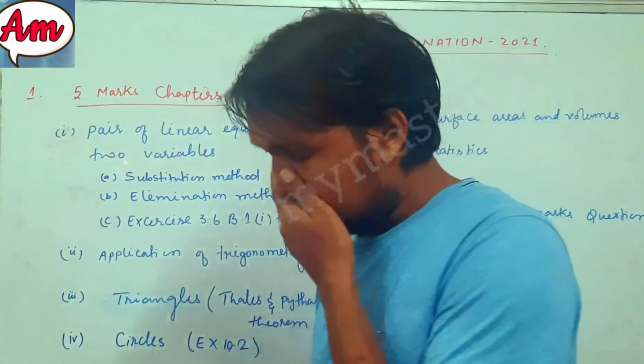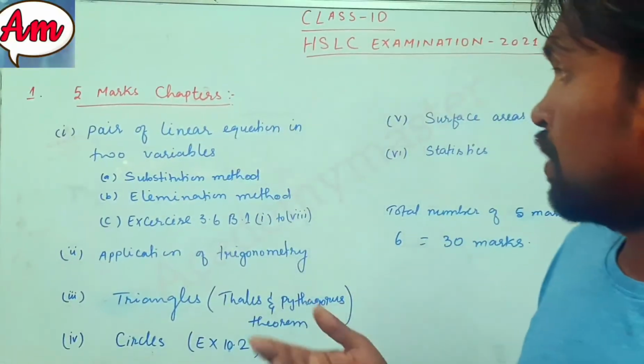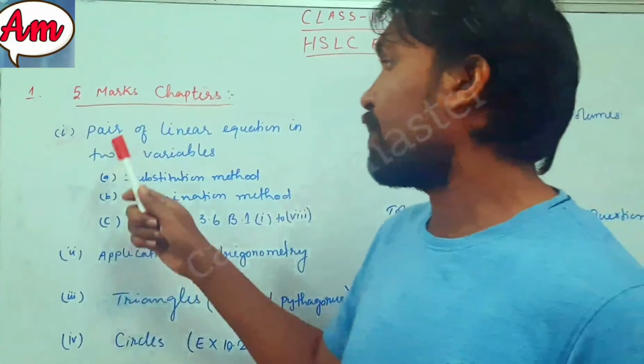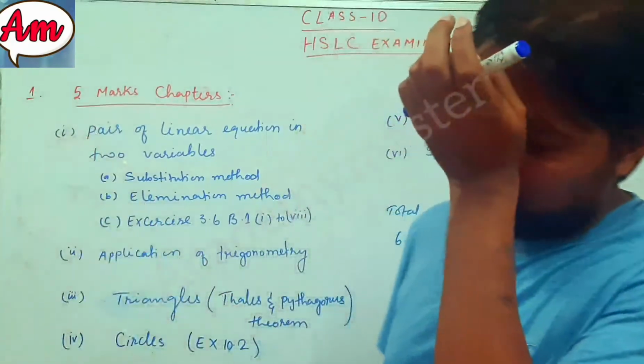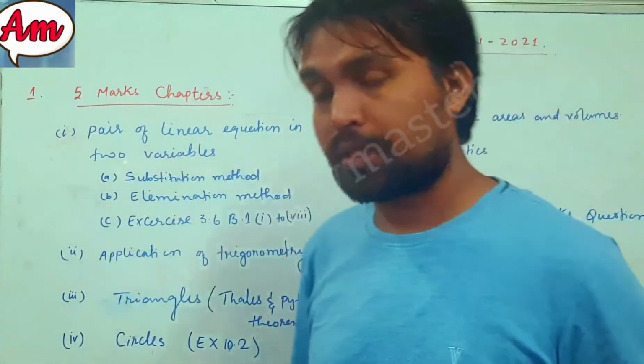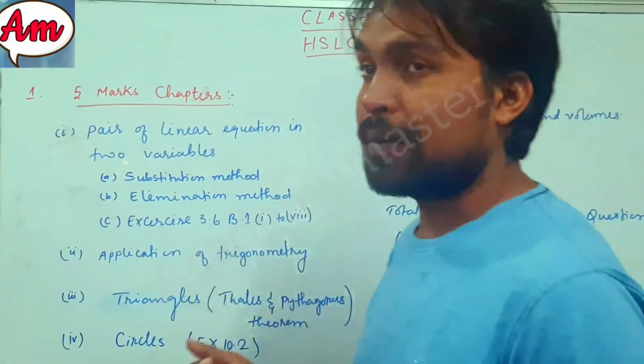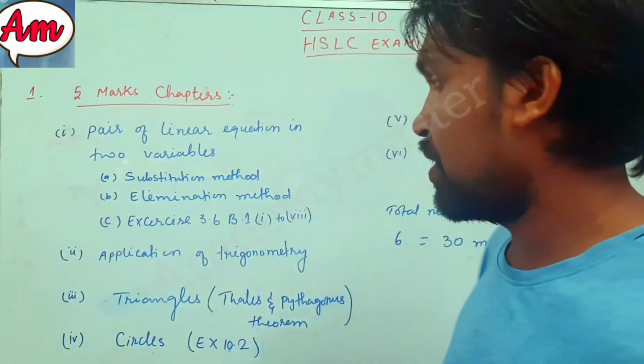First of all, under 5-mark sections I suggest all of you start practicing chapter number 3, that is pair of linear equations in 2 variables. You have to practice 3 things from this chapter.